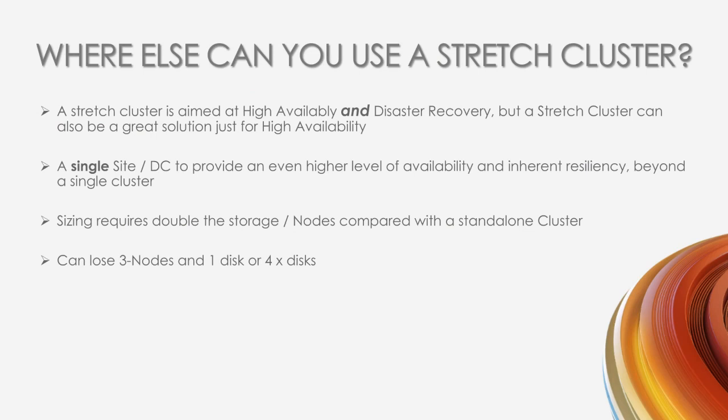But the point here is that you can create a stretch cluster within a rack and have that higher availability, moving from 2 fault domains to 4 fault domains for the same 4 nodes in a cluster, and yes, increase storage and maybe memory if it is an active-active configuration, but not if it's active-passive.